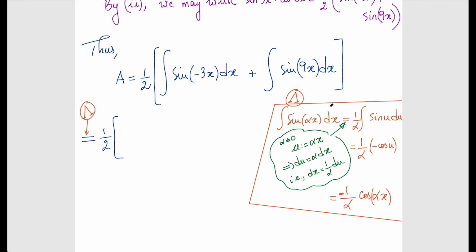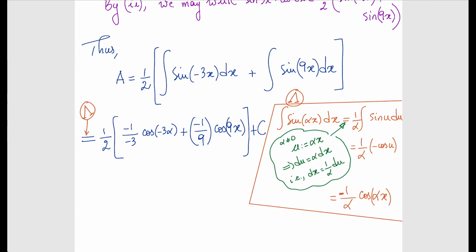When alpha is minus 3, this becomes minus 1 over negative 3 cosine of minus 3x, correct? I'm reading this when alpha is minus 3, plus this guy when alpha is 9 now. So I'm going to have minus 1 over 9 cosine of 9x, right? And plus C at the end of the day.